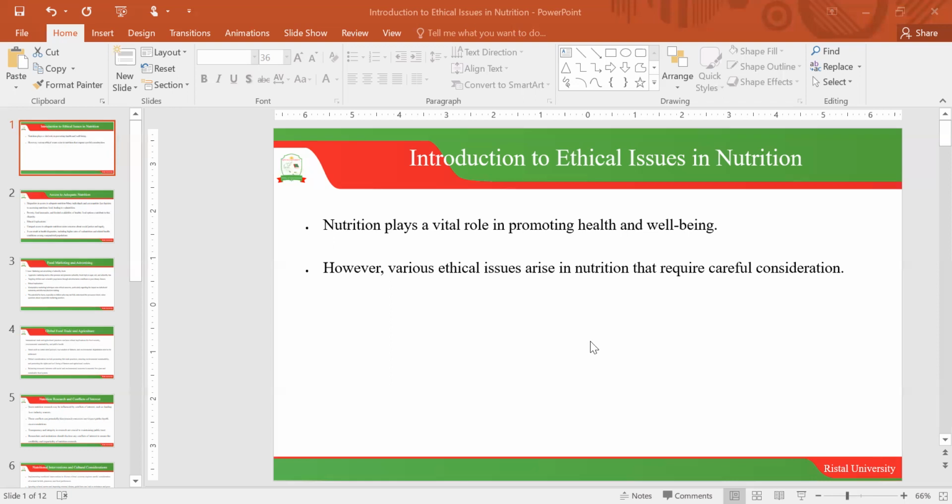Okay, so those are the principles that govern nutrition practice. So in our discussions, we are going to look at the different scenarios and the ethical implications of these scenarios. So let's start.